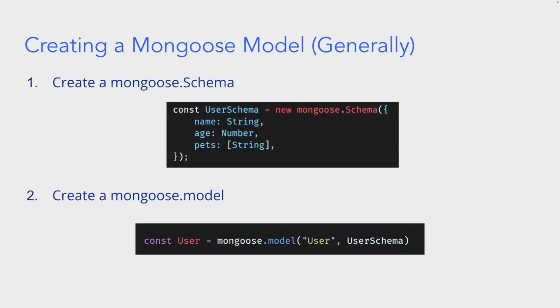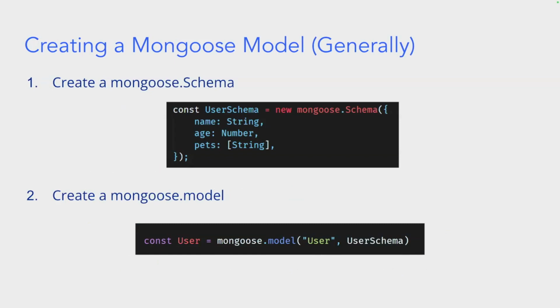So to make a model, first we're going to define a schema. And we can do that with the new keyword with a mongoose.schema object. And we pass in the fields and types for our schema. And then we make a Mongoose model by first passing in the name of the collection. And so user is the collection name.